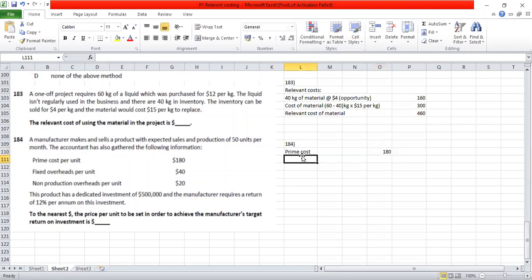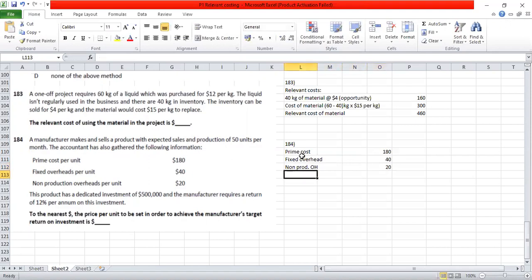Prime cost is 180. Then we have fixed overhead, that is 40. Then we have non-production, that is 20.